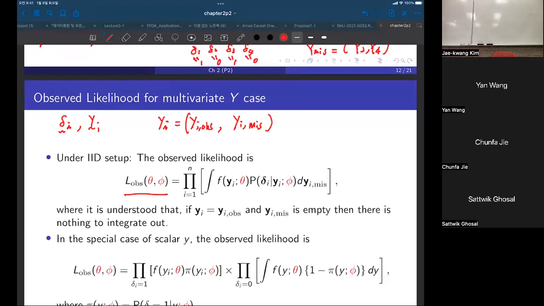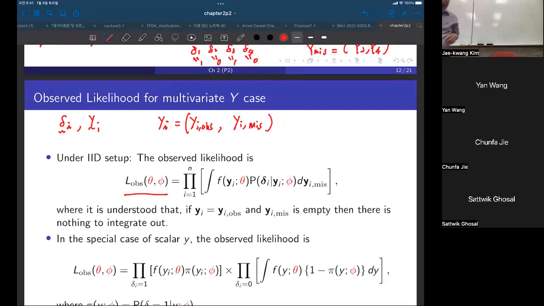So you always observe delta, you always observe y_obs, and you always miss y_mis by definition. Then the marginal density is the joint density integrated out over the missing part. If there's no missing, so y_mis is the empty set, then there's nothing to integrate out.